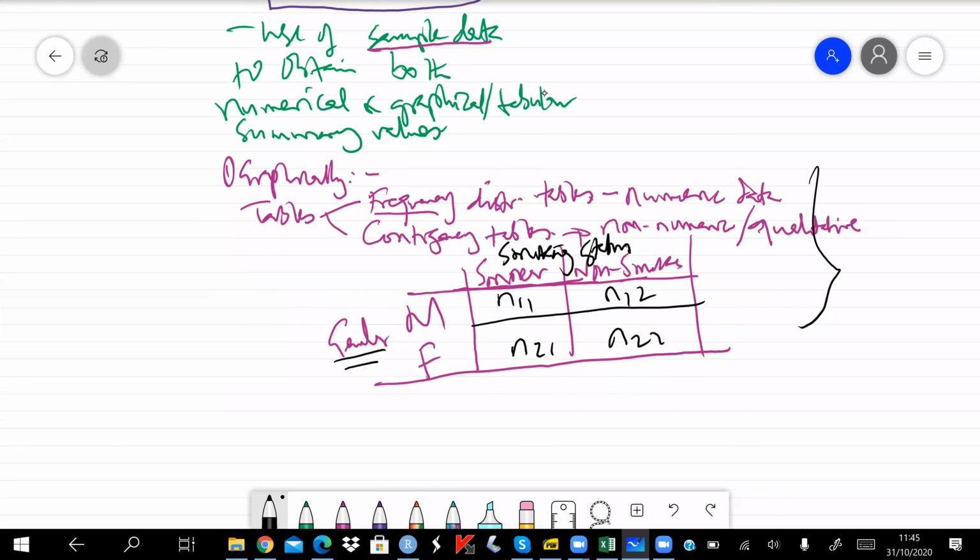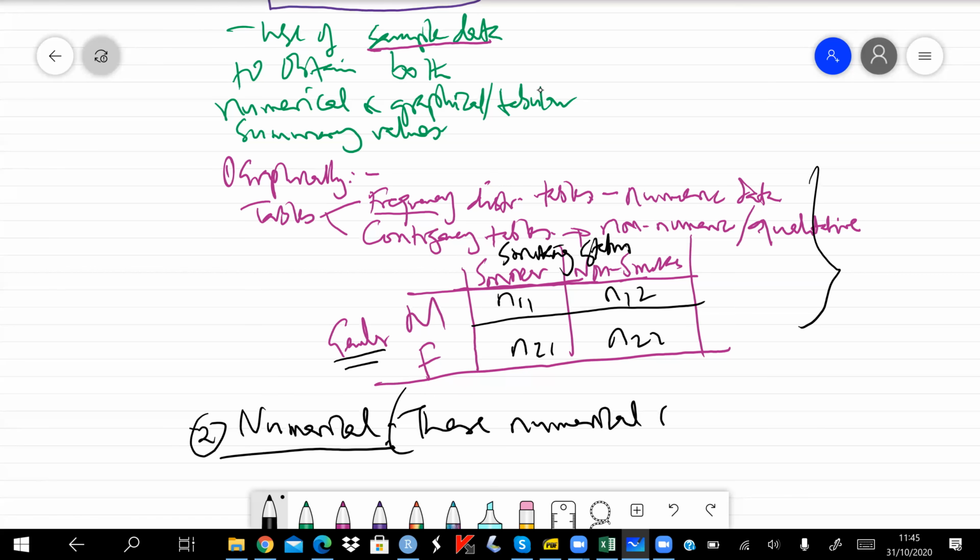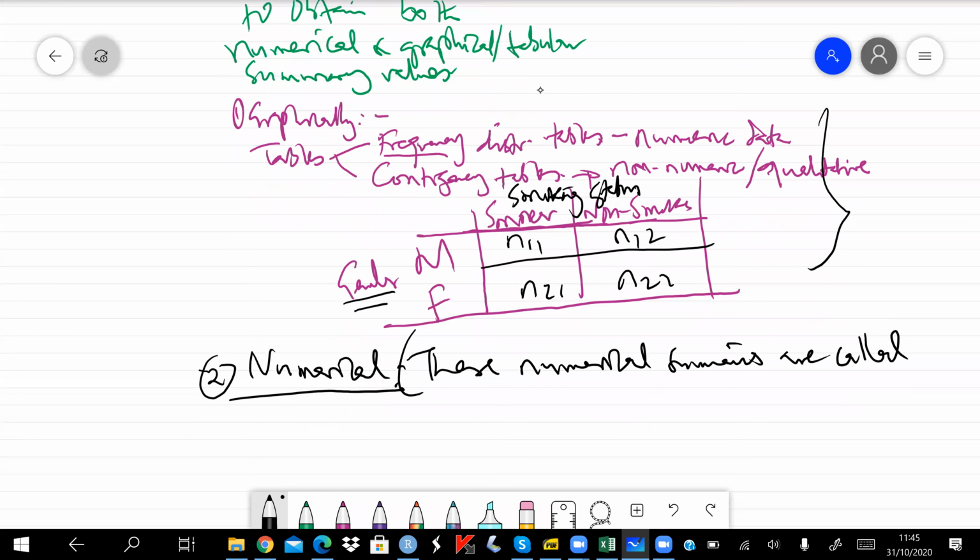Then the second part is numerical summaries. Numerical summary values coming from the samples. These numerical summaries are called statistics. If it's one, it's called a statistic.